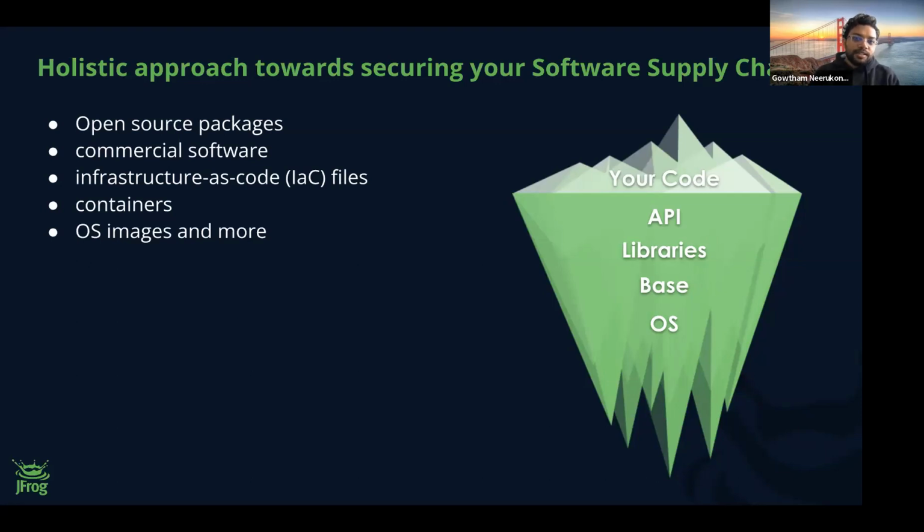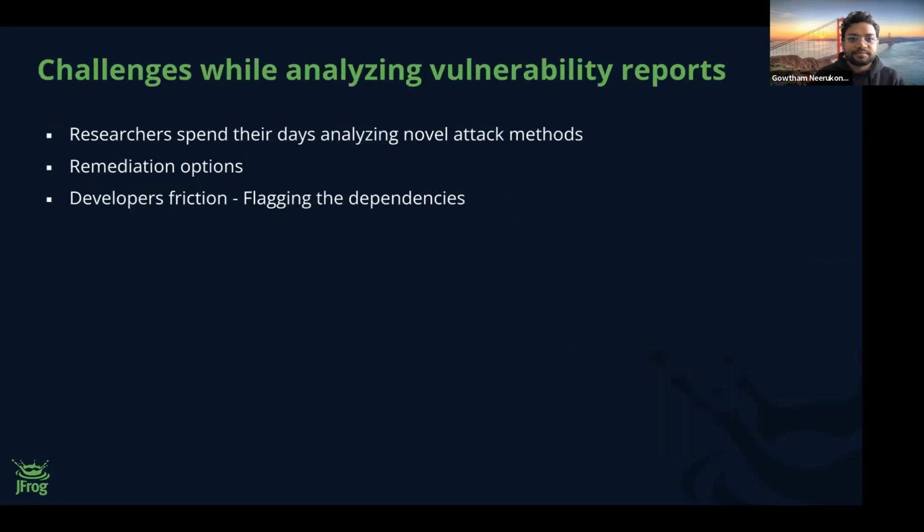So you have to take a holistic approach while securing your software supply chain and take a look at the security, licensing, and sustainability and operationability of these open source libraries to make sure that your software is secure and can be shipped to production with confidence.